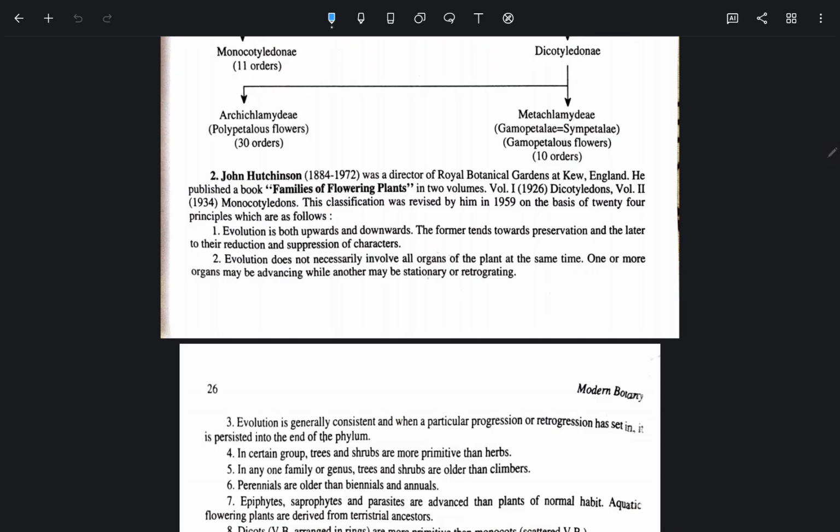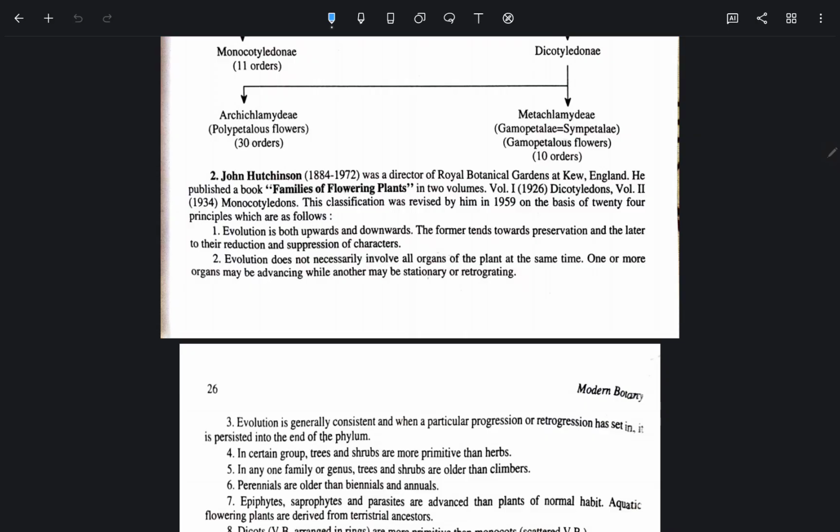This classification was revised by him in 1959 on the basis of 24 principles, which are as follows: evolution is both upwards and downwards. The former tends towards preservation and the latter to reduction and suppression of characters.